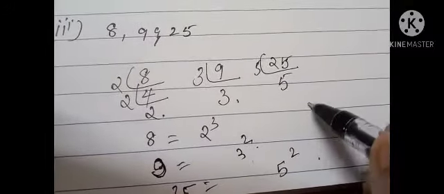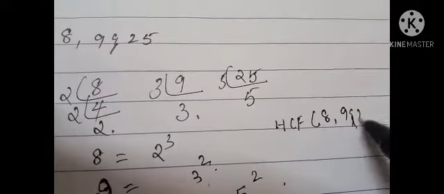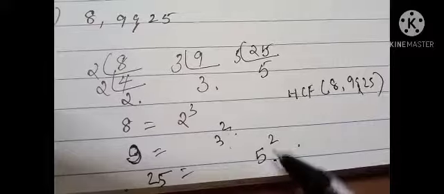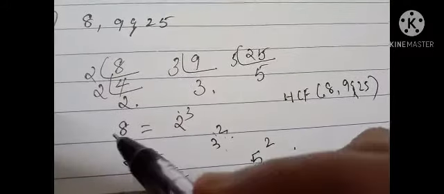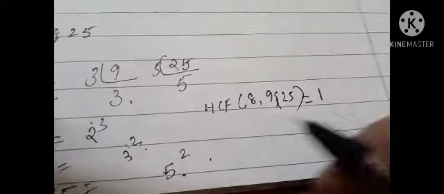Okay. Then the HCF of 8, 9 and 25. There is no common factor between these three numbers. So the HCF will be equal to 1.